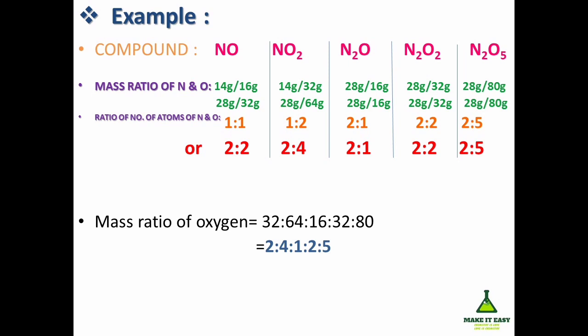Now we can see clearly that the number of oxygen atoms in our ratio, 2, 4, 1, 2, 5, is equal to the mass ratio of oxygen, and hence we can clearly have a relation between the number of atoms and the mass ratio. So the more the number of atoms, the more the mass of oxygen in the same ratio. Clear?